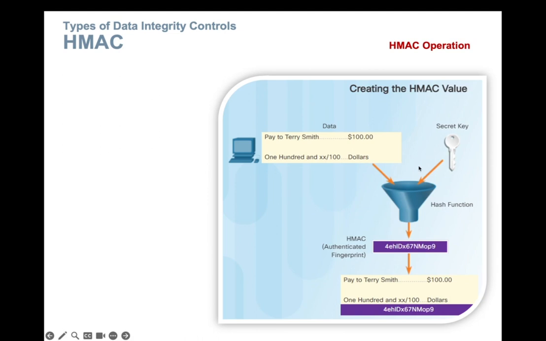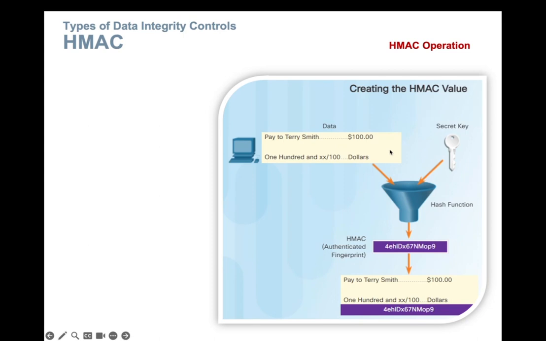In this figure, you can see the sender device inputs data, pay Terry Smith $100, and it provides a secret key. This is the data message and secret key.